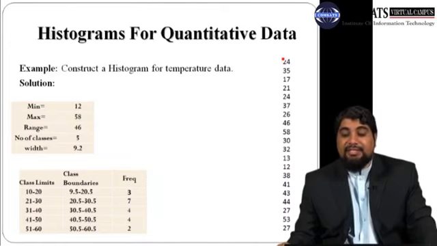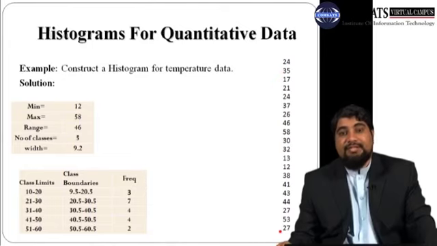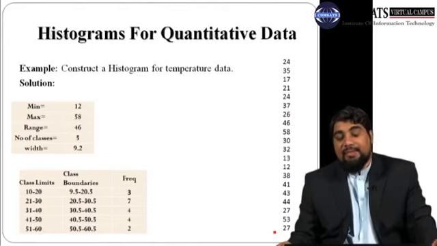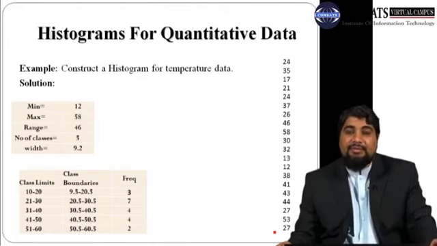It is the temperature over 20 days. On the first day the temperature recorded was 24 degrees centigrade, on the second day it was 35, and on the last day it was 27 degrees centigrade. We are interested in constructing a histogram for this data.